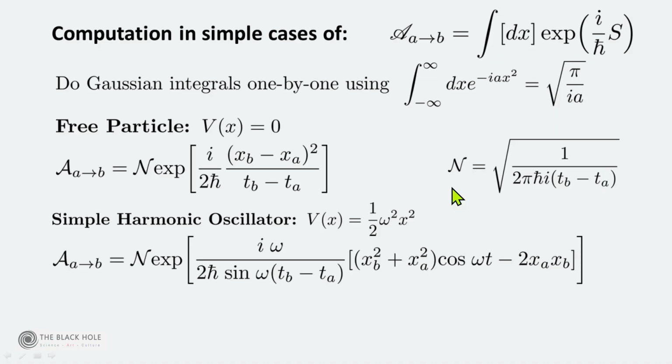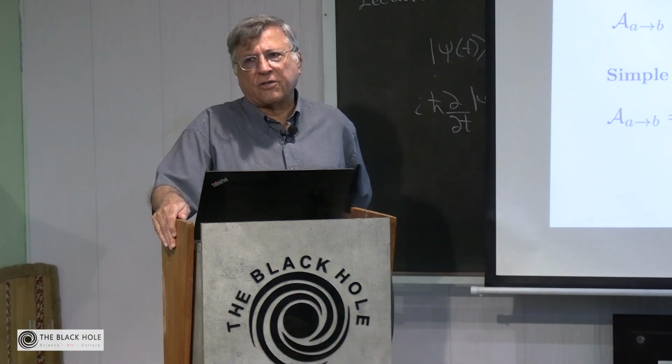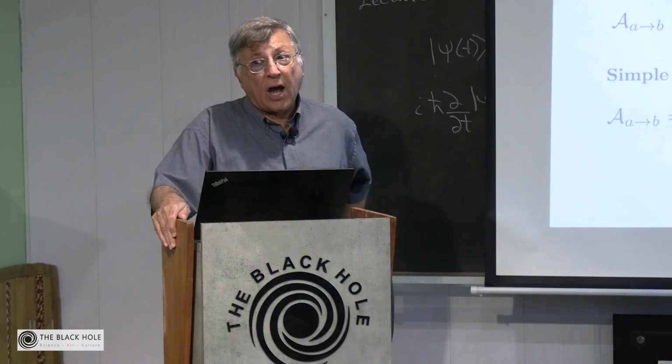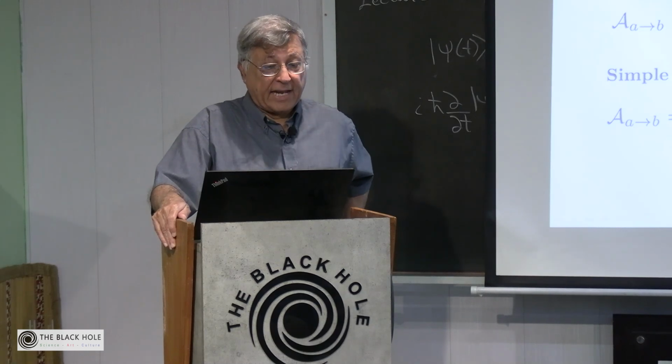It's not so easy for the simple harmonic oscillator, but in principle, you could also do it that way. However, there are cleverer ways of doing it, and when we come to the second lecture of this course, I will show you how to actually do this calculation.